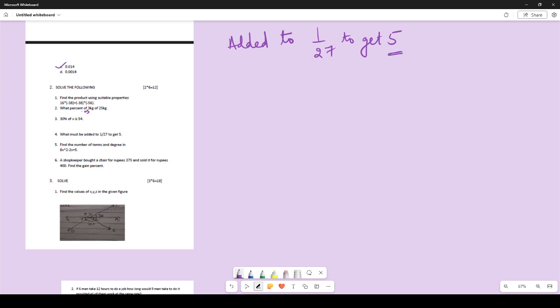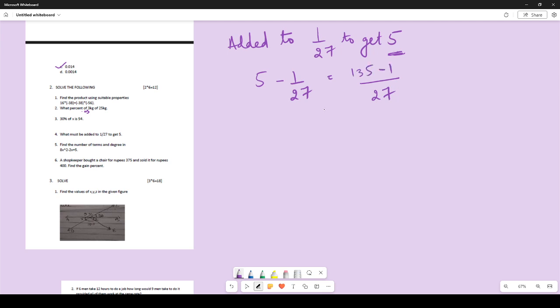So you are getting this as the final number, which means 5 minus 1 by 27. This should be 5 minus 1 by 27 if you are to get the number. So the LCM is 27, and 27 fives, how much? 25 fives. You remember what it is?